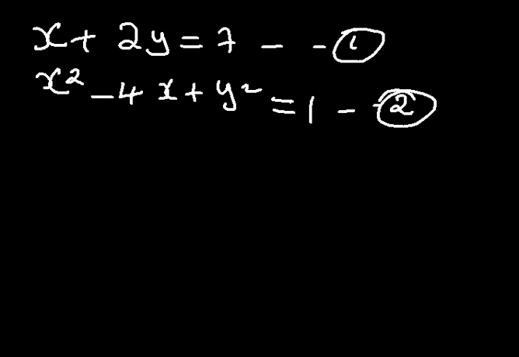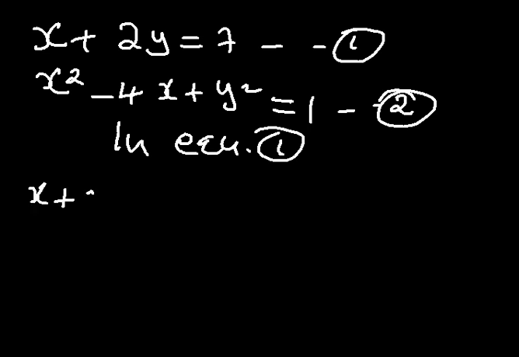As you can see, the linear equation is the simple one to go for. So in equation 1, we have x plus 2y is equal to 7. Then I express x as the subject, hence we have x is equal to 7 minus 2y.